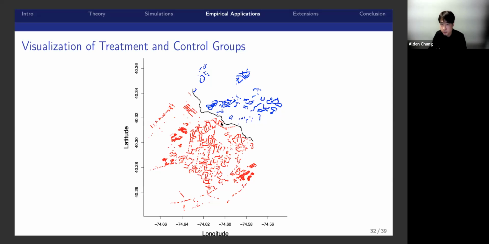Basically, they are weighting observations. So if they are interested in studying the treatment effects at a particular point at the boundary, they have this kernel function that weights heavily observations that are close to this point. So points that are further away basically contribute nothing to the treatment effect at this particular point.